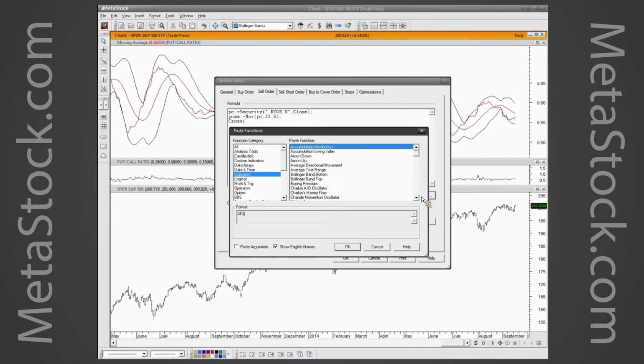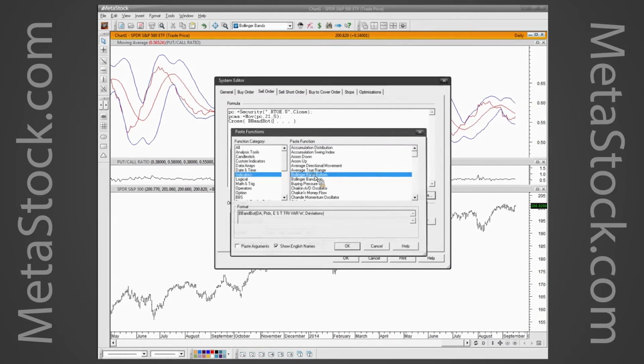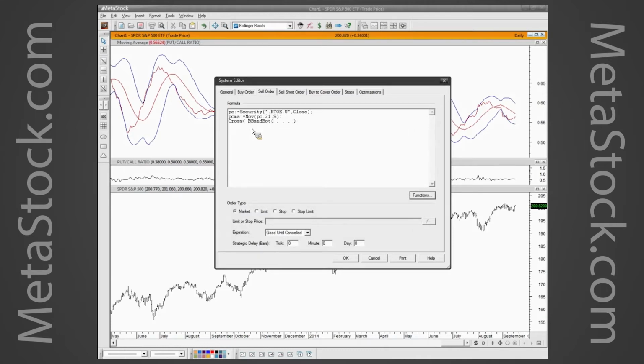So I'm going to click Functions, come down here to Bollinger Band bottom, and double click. Because we're looking for the put-call moving average to be the one crossing above, that has to go in as data array 1. So that is what we enter in the first part of the cross function. I just type PCMA there and close it off with a comma.